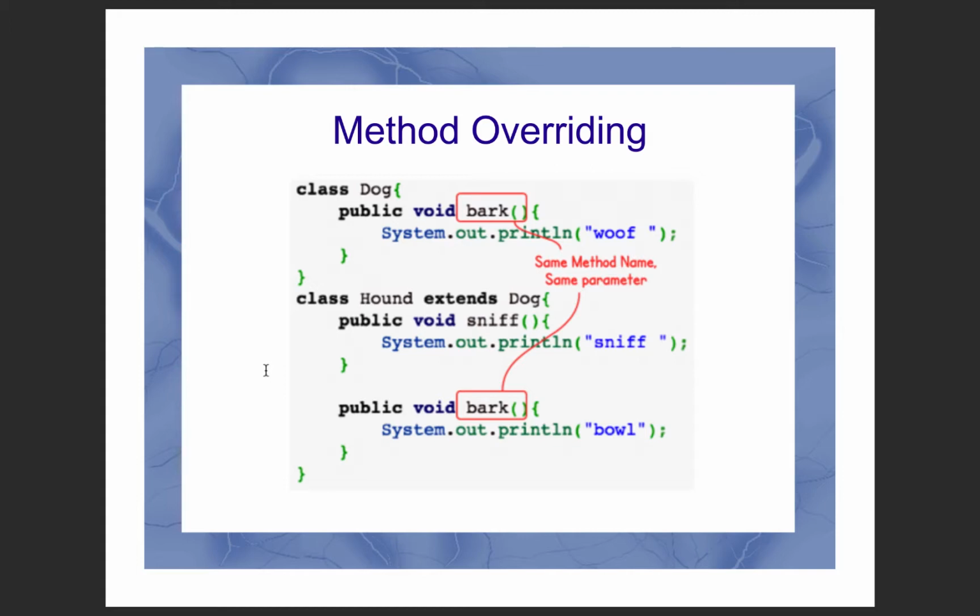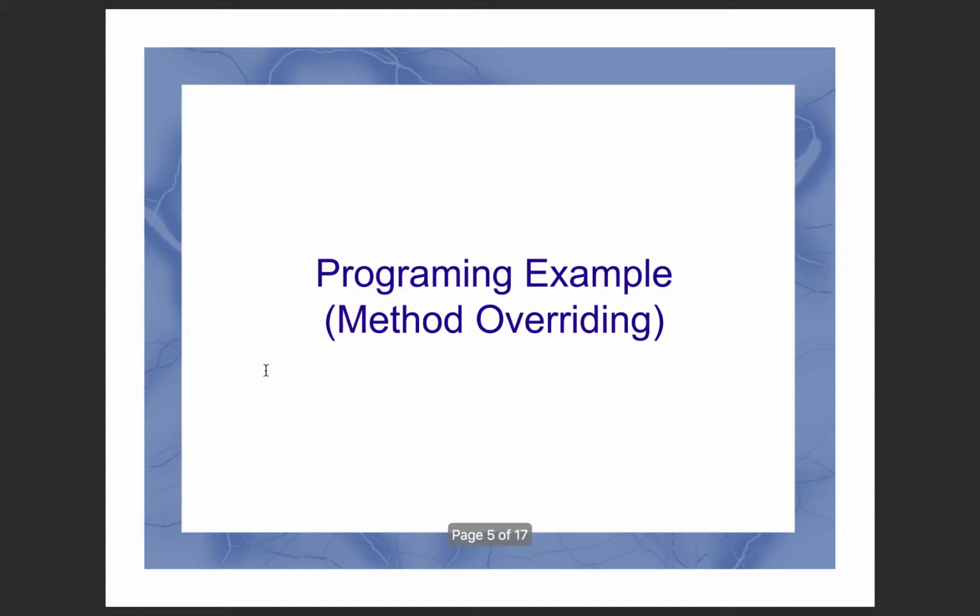That is the idea of overriding. Both methods have the same name, but they have different implementations. That basically says these two methods look alike, but they are not the same method. They are different methods. This is the overriding concept in Java.